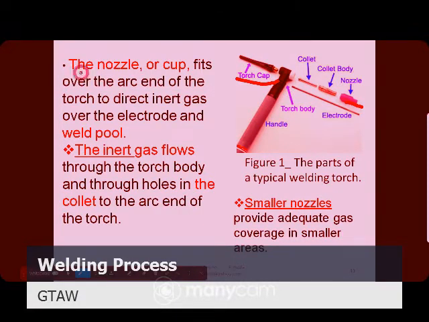The nozzle or cap fits over the arc ends, the back arc and the fore arc of the torch, to direct the inert gases over the electrode and weld pool. Both the torch nozzle and the cap are used to control the shielding gases.